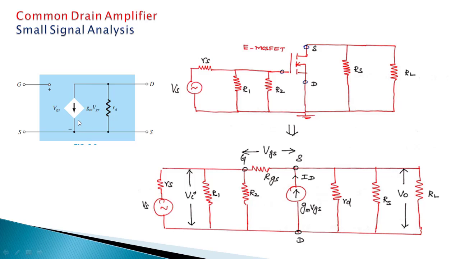See, the output current is given by gm into VGS, because we already know that gm, the transconductance, is given by ID by VGS. So ID can be written as gm into VGS, this is a current source. In parallel with it there will be the drain resistance, small rd, because we have another resistance, capital RD.